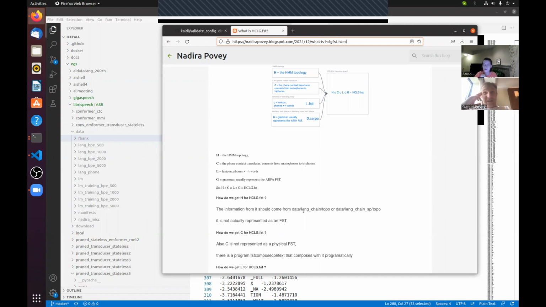So the issue is that these days we want to have open vocabulary systems. We want to not be limited to a fixed vocabulary, and that's especially important in languages like German that have a very open vocabulary. So we don't really want to use words, but also often we don't know how words are pronounced.